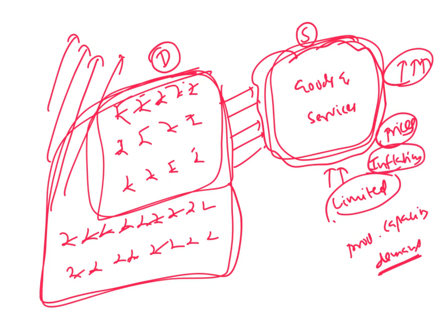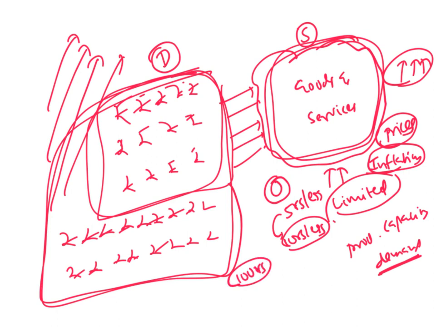For example, an egg which was previously sold at 5 rupees per piece, let's say is now being sold at 10 rupees per egg. The price of the egg goes up from 5 rupees to 10 rupees. What happens to 100 rupees of currency? This 100 rupees earlier used to buy 20 eggs, because 20 into 5 equals 100.